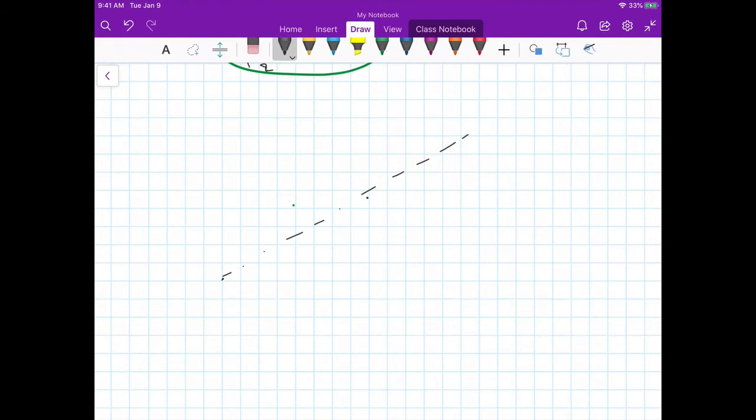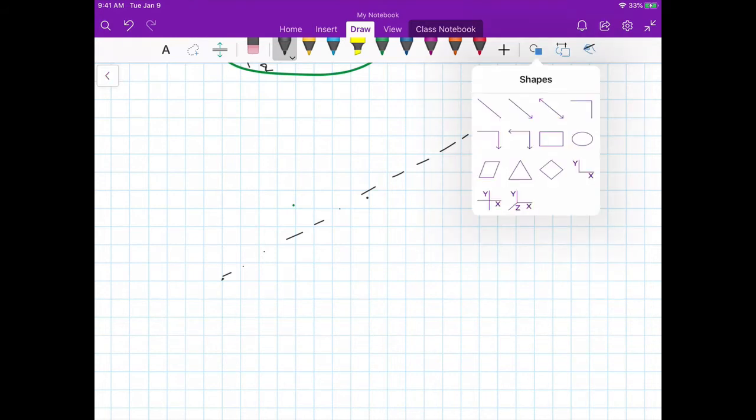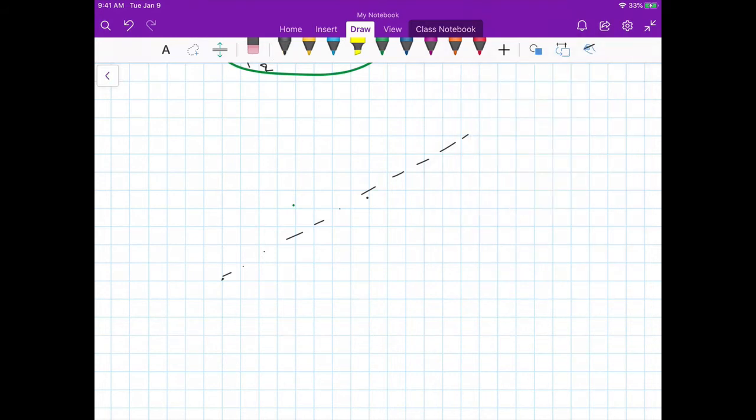Then draw the first vector: measure 8 centimeters, which is approximately up to here, up to the arrow. That is where your force 1 is.